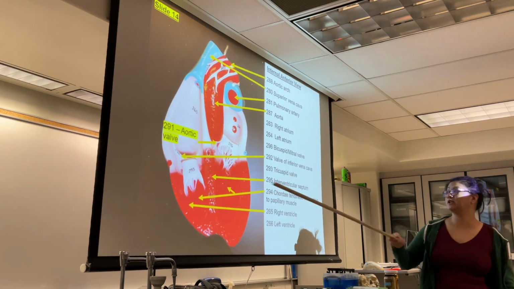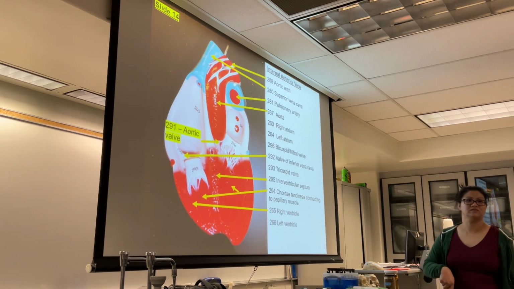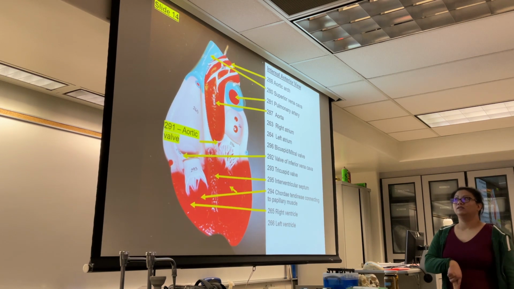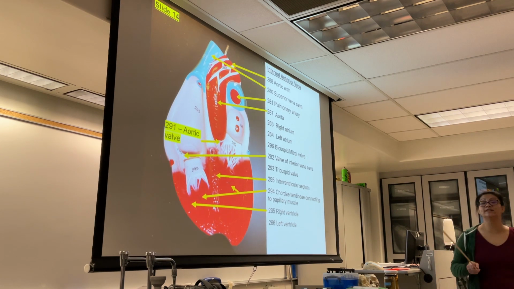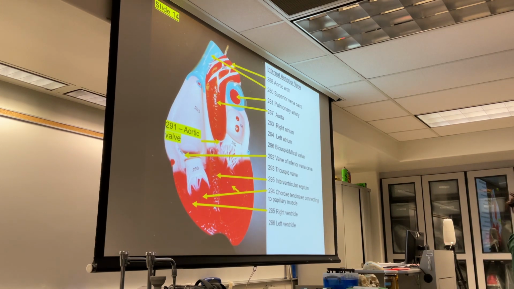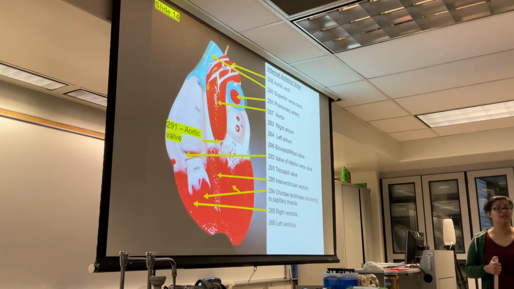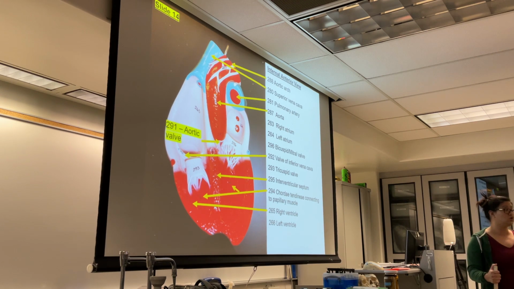Bicuspid, tricuspid. Wait, so the semilunar valves are for the pulmonary trunk and the aorta, right? Yes. So the semilunar valves, I want you to remember this. Semilunar valves are always in between a ventricle and the artery that's leaving that ventricle. So that's either going to be the pulmonary artery or the aorta.